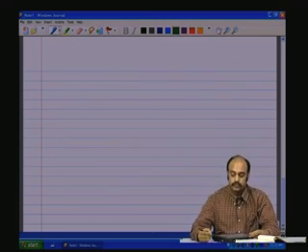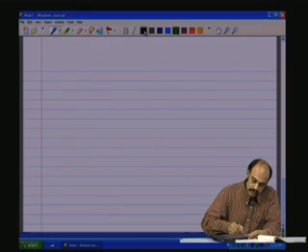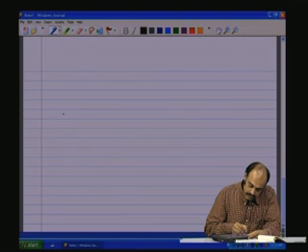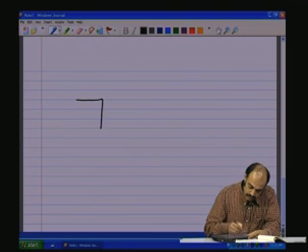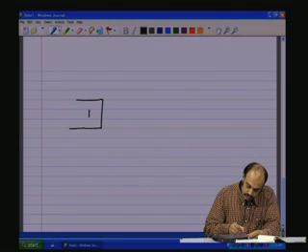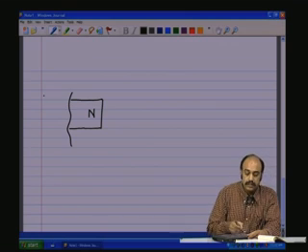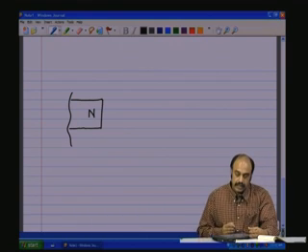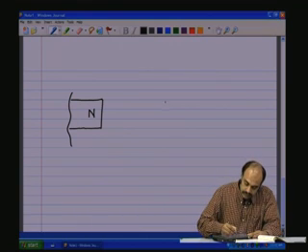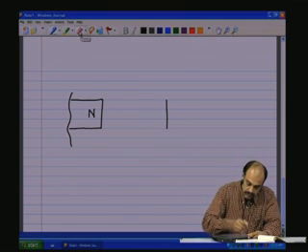Now, let us take a piece of magnet and let us call it the north pole, and somewhere there on the left side you will see the south pole for that piece of magnet. Let us take another piece of magnet, and let me give it some space.